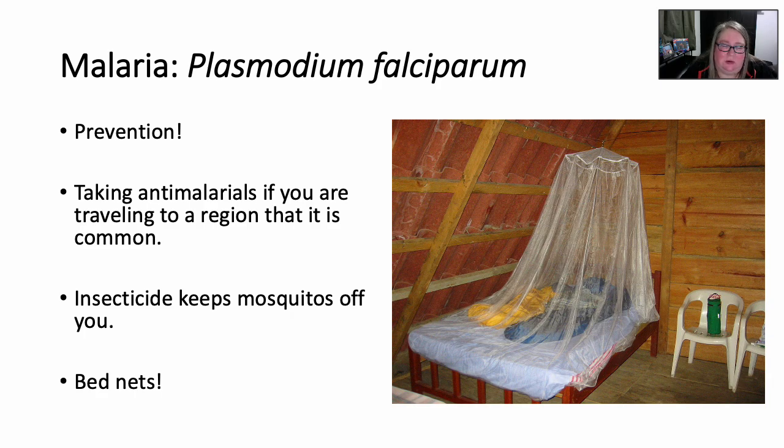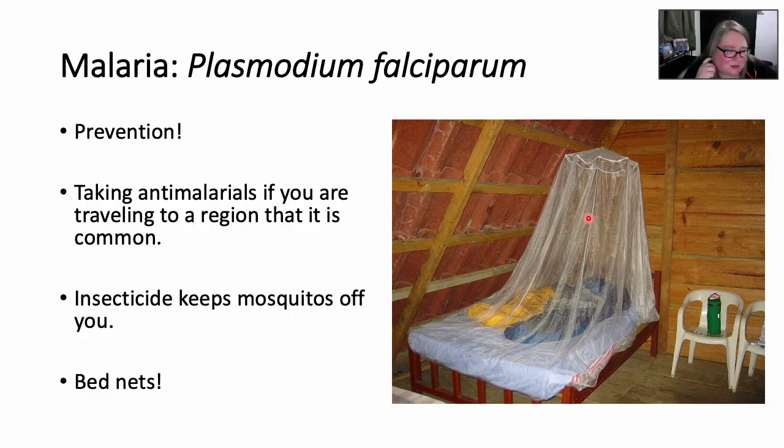Now, if you go to places that are endemic for malaria, a lot of people are going to sleep with mosquito netting, okay? Because the number one prevention way to keep from getting malaria is to prevent the mosquitoes from getting on you and biting you. So mosquito netting, bed nets, and insect repellent are all ways that you can prevent it.